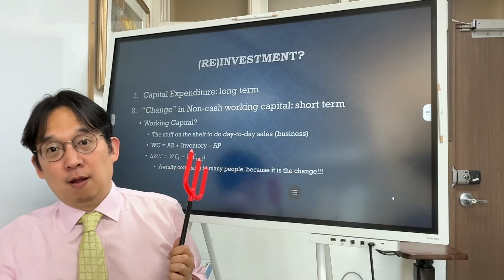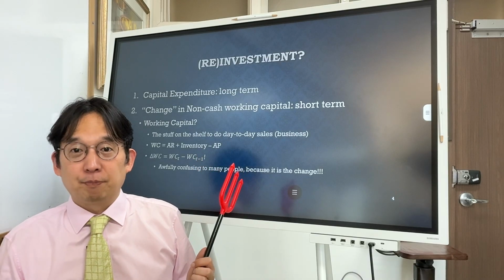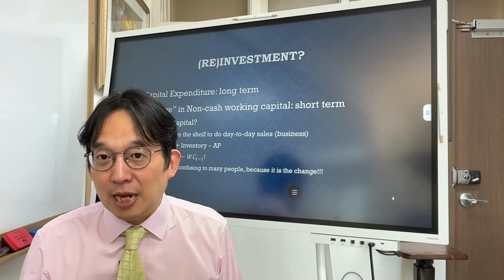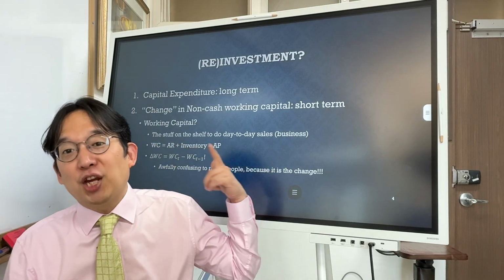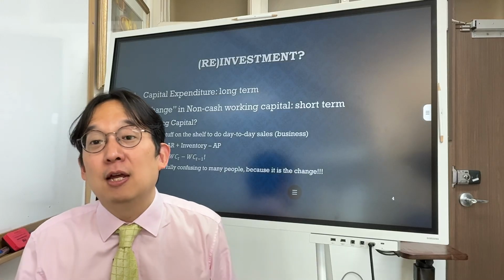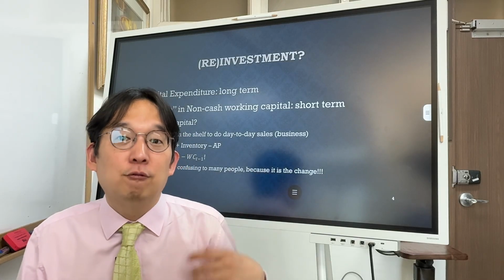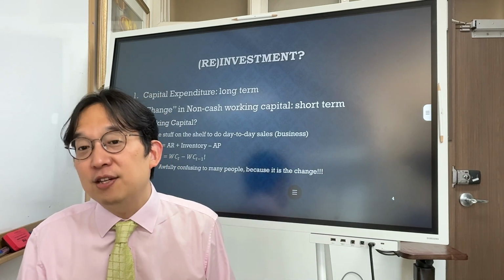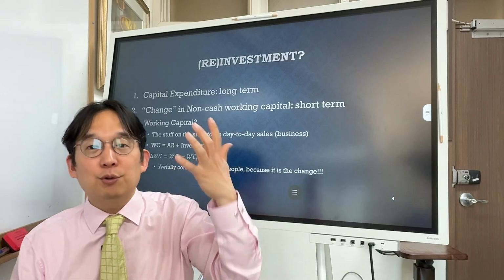And then these three have to be aggregated in this form. Working capital equals AR plus inventory minus accounts payable. Okay, and what matters from a cash flow perspective is not the balance of working capital, but the change in working capital, because you want to measure how much cash you spend to set up your inventory. So change in working capital is something you have to subtract.